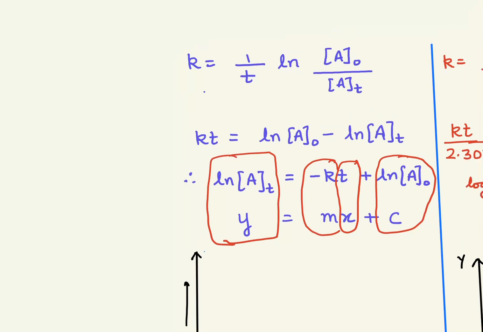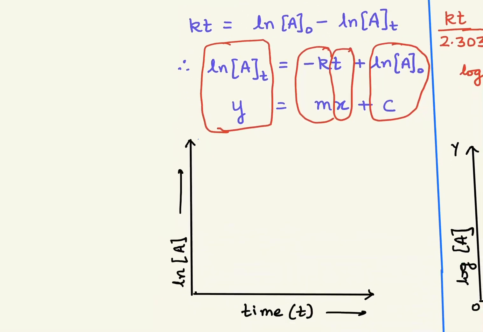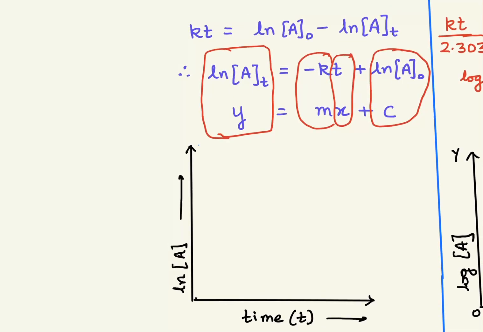So see over here, the slope of this is negative. So how is the graph going to be? Yes, the graph is going to be at an angle greater than 90 degrees. So let's draw the graph. Would you like to make an attempt, or would you like to guess how it's going to be?